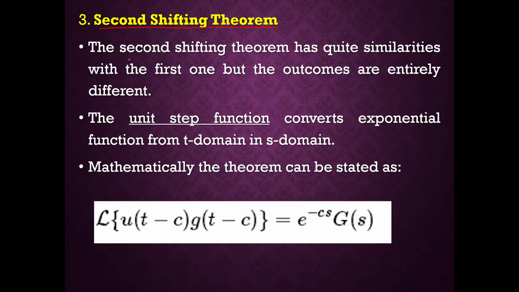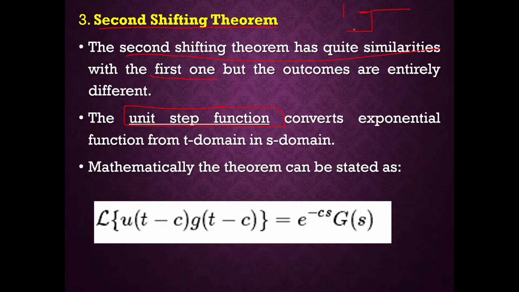This second shifting theorem is almost similar to your first one. Here in the second shifting theorem, let us consider a unit step function. Unit step function means what? This is a step and its magnitude is 1, that is, unity.